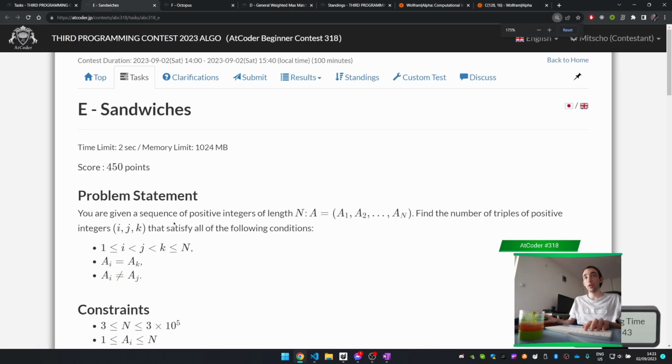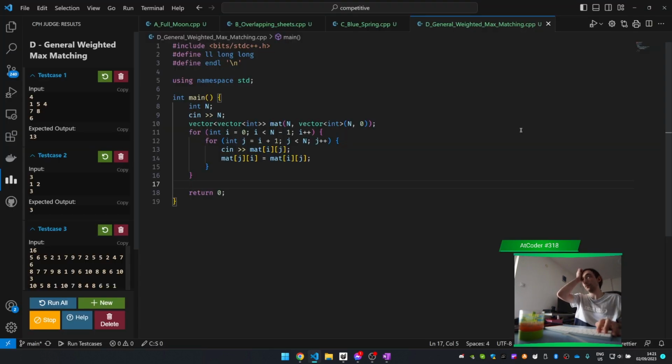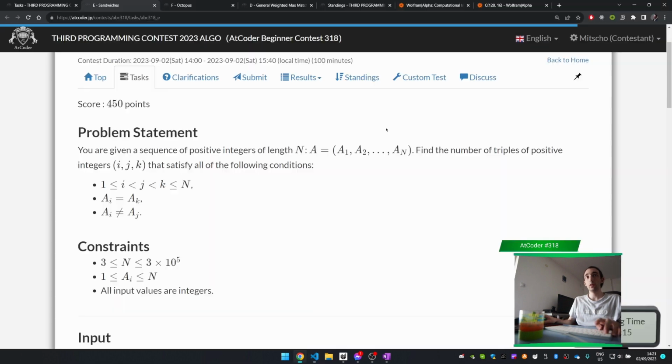Let's go read. You're given a sequence of positive integers. Find the number of triples of positive integers that satisfy the following condition. These are equal. These are not equal. And all of them are up to 10.